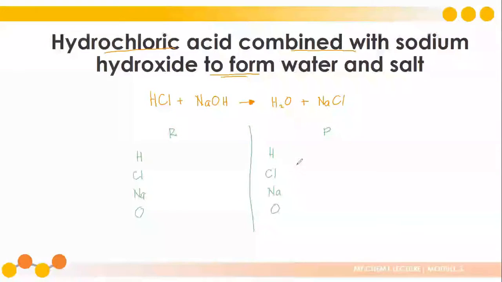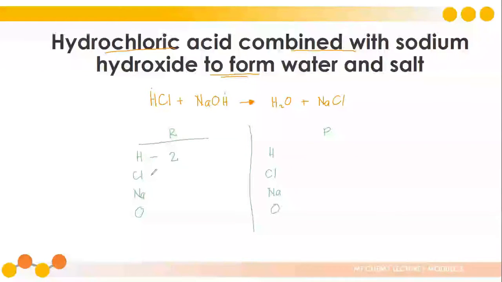And then after this one, let's proceed with counting how many atoms each of the elements have. Starting first with the reactant side, how many hydrogen do we have in the reactant side? So we have here one, and then we also have in the other compound two. So we have two hydrogen in this one.